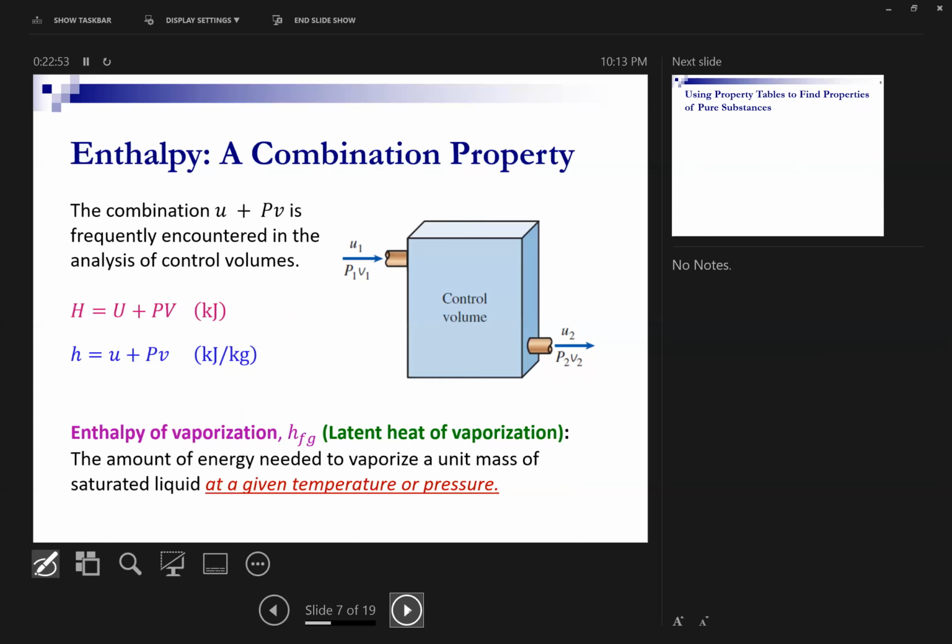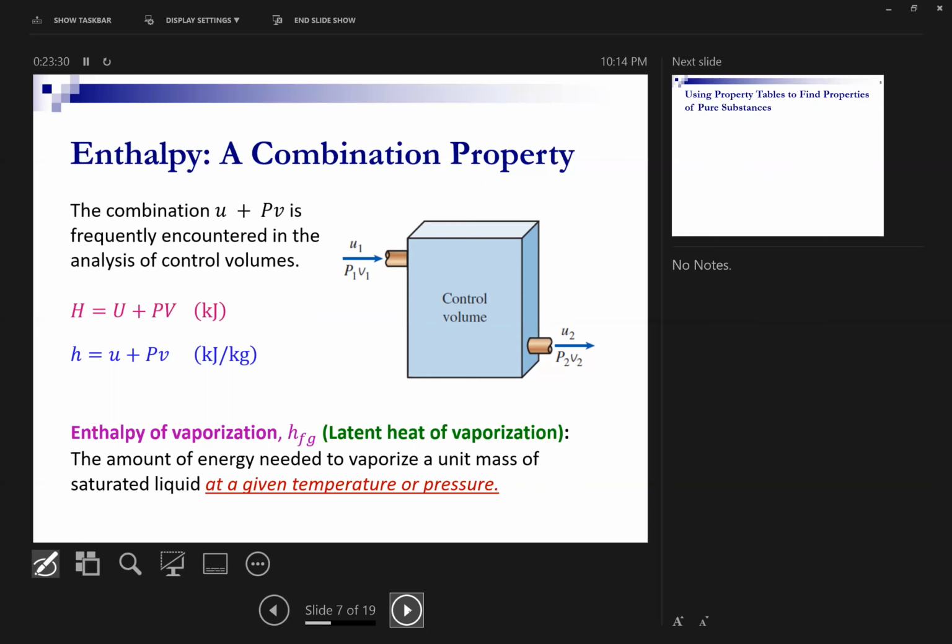Like the internal energy, the unit of the enthalpy is kilojoules. And enthalpy is actually a property for the total mass, right? But we can divide the total property by the mass and find the specific enthalpy. This specific enthalpy is an intensive property, and because it's an intensive property, we can tabulate it.